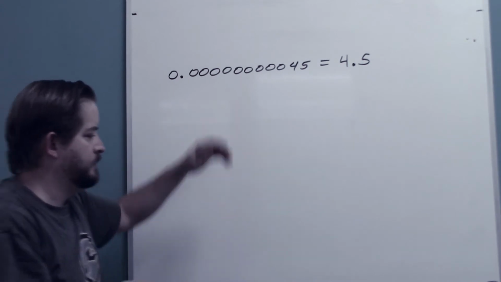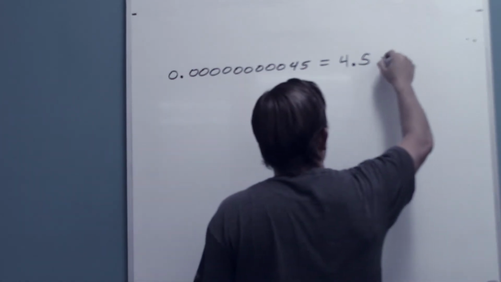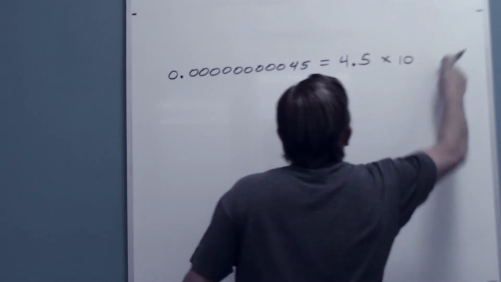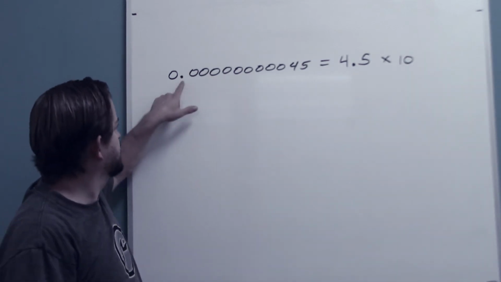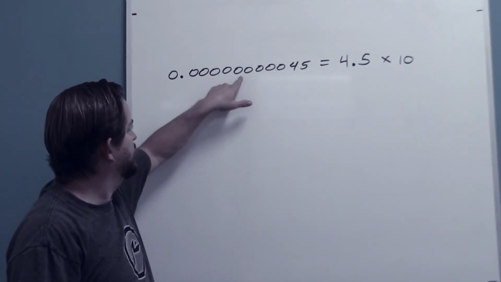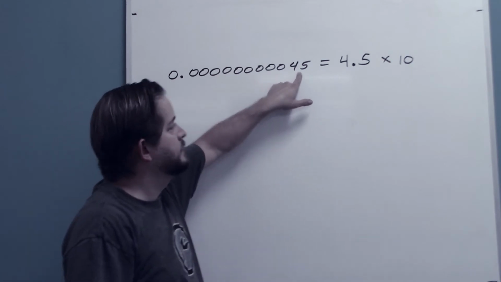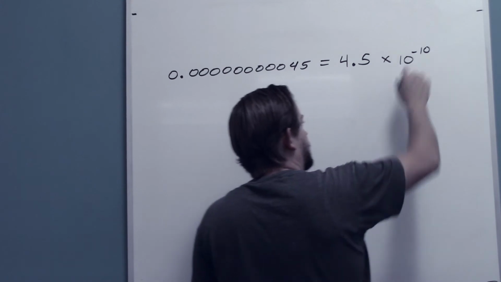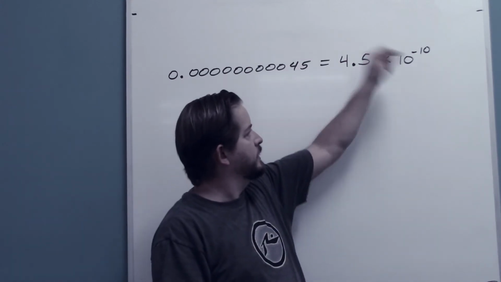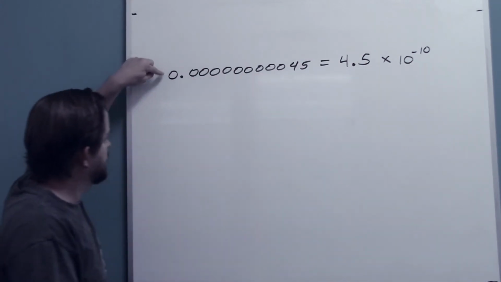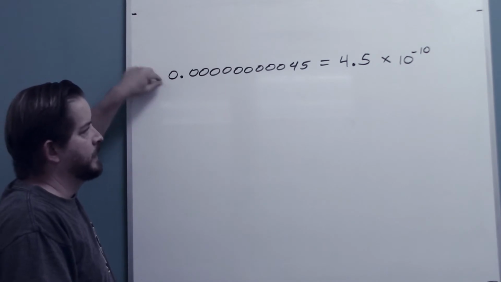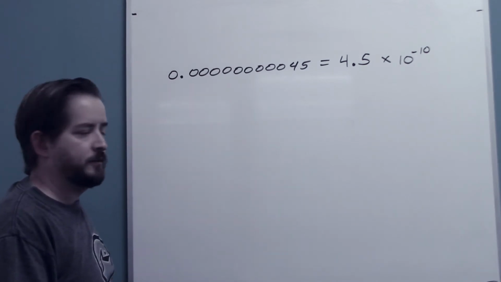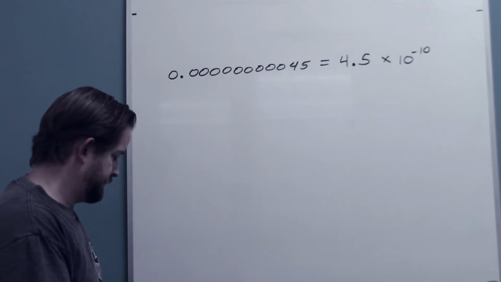Times 10 to the, how many places do I have to move it? Well, that's 1, 2, 3, 4, 5, 6, 7, 8, 9, 10 spaces. So I would have to move it 10 to the negative, to the left direction from here to get back to my original number. And so this number is 4.5 times 10 to the negative 10.